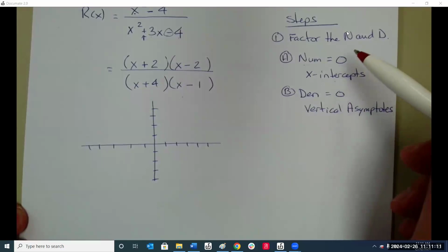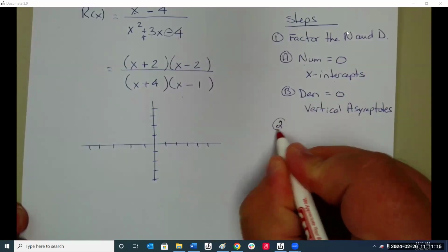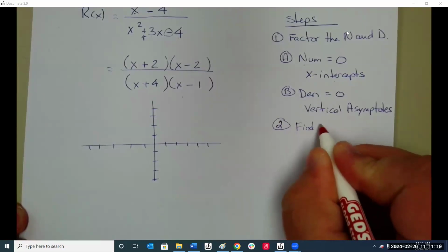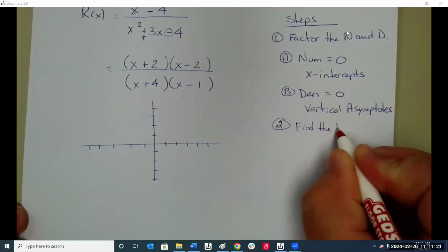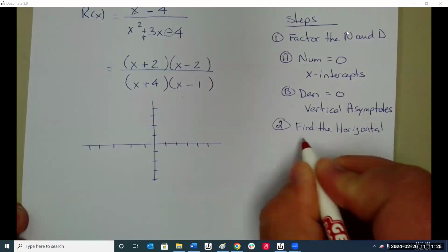We found the x-intercepts. The second thing, find the horizontal asymptote.